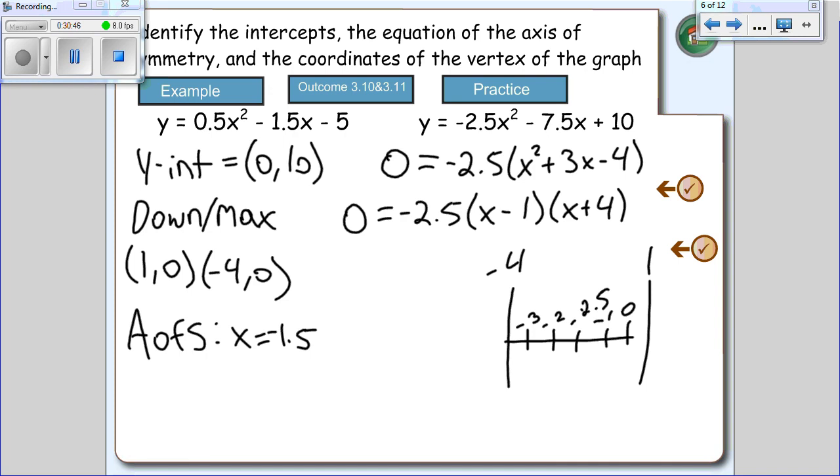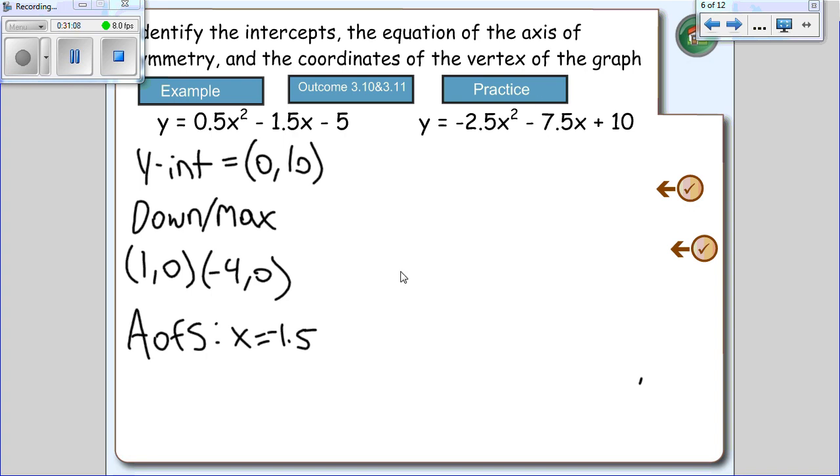Okay, we have one more thing to solve for. How do you find your vertex? You got it, you plug in the x.